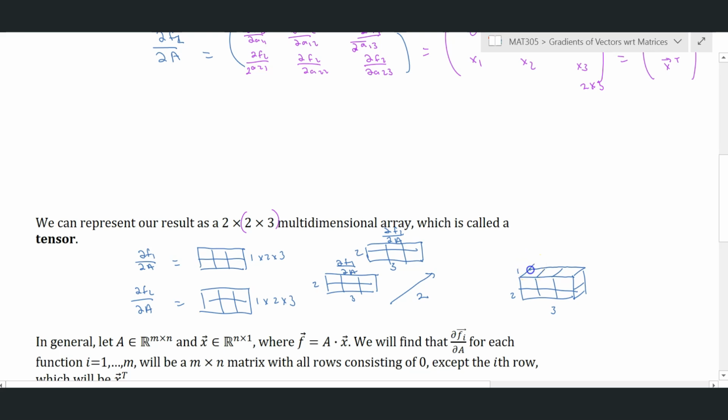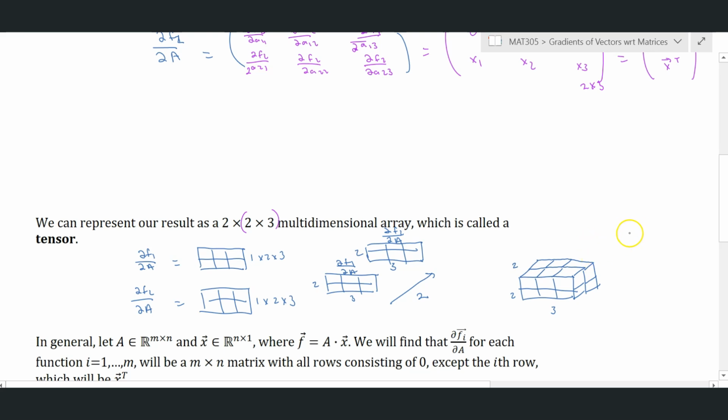So that means if I put the other one back here, and I stacked it like this, now I have not a 1 by 2 by 3, but I have a 2 by 2 by 3. And that's what we're talking about for a multi-dimensional array. We just sort of stack each instance of a 2 by 3 and represent it that way.